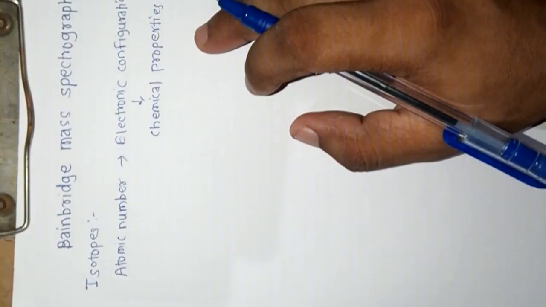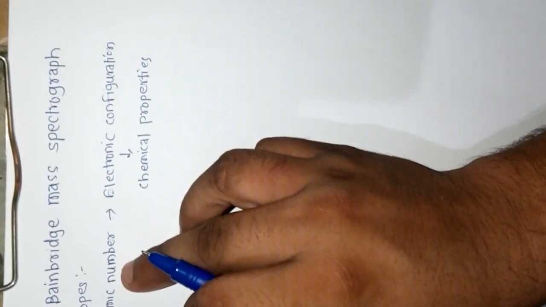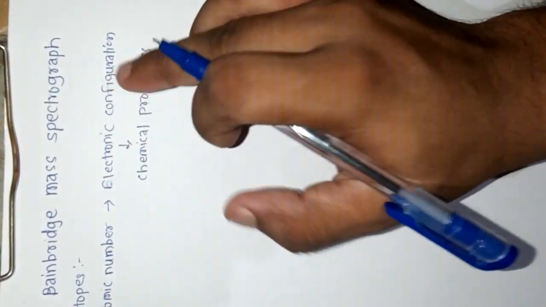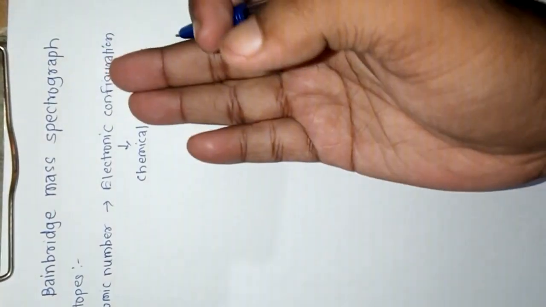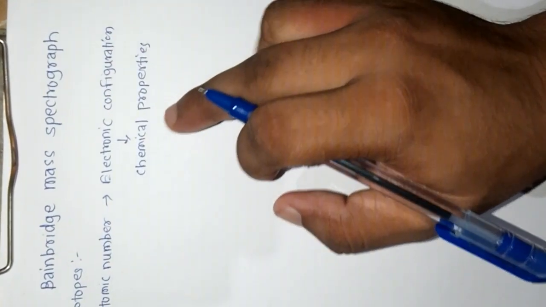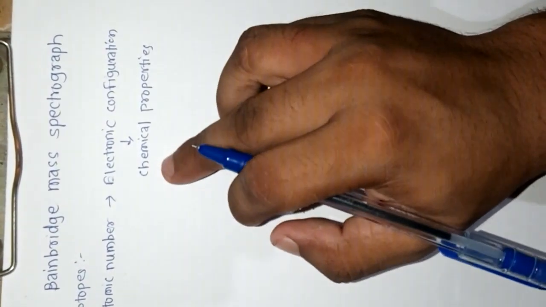Once again I repeat: if the atomic number is the same, then the electronic configuration is the same, and if the electronic configuration is the same, then the chemical properties are also the same.